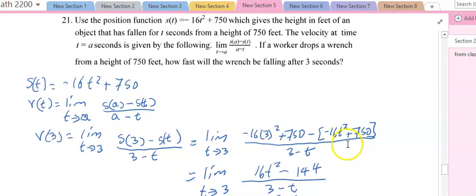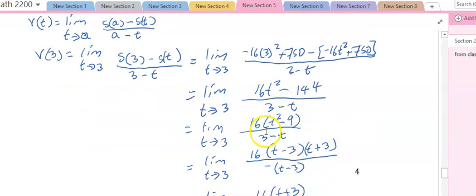We can factor out the 16 from the numerator to have the limit as t approaches 3 of 16 times t squared minus 9 over 3 minus t, and we know that t squared minus 9 is a difference of squares. So we have the limit as t approaches 3 of 16 times t minus 3 times t plus 3, all over 3 minus t, which can be rewritten as negative t minus 3.